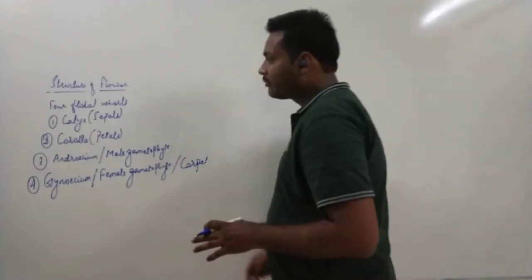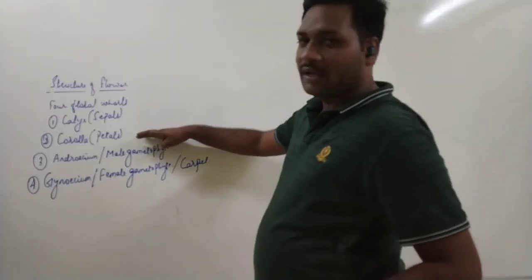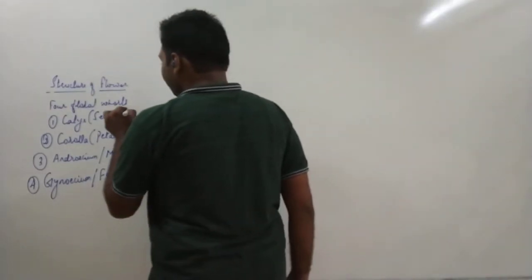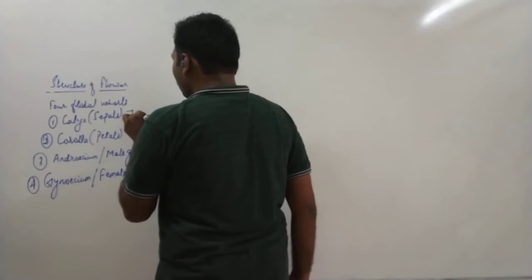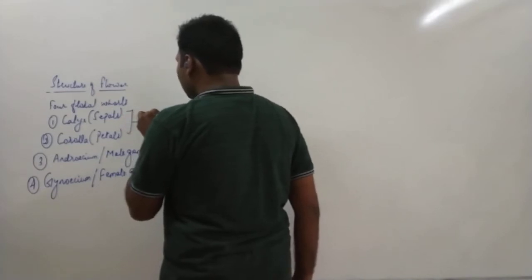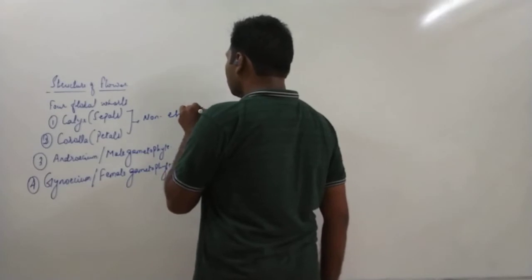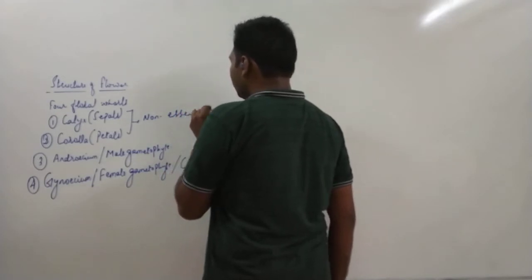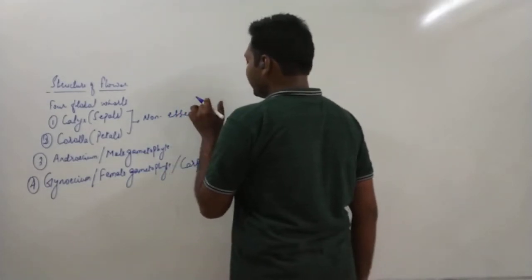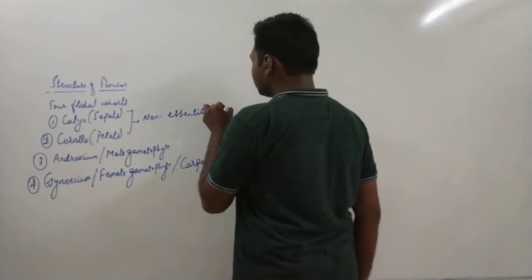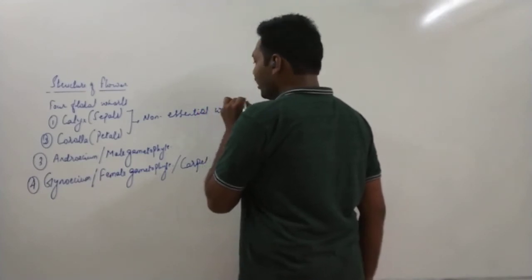So we have discussed it. The calyx and corolla are referred to as the non-essential whorls. Why?